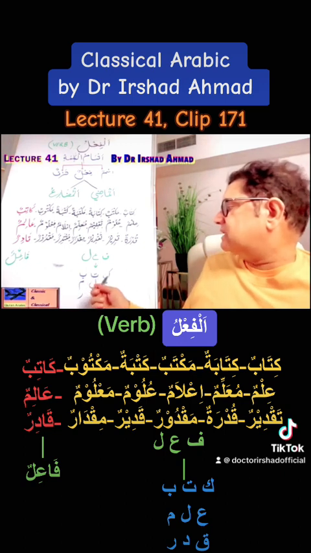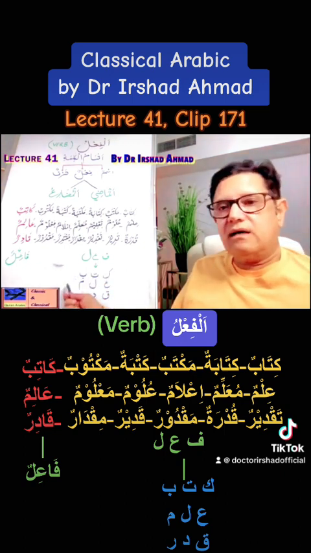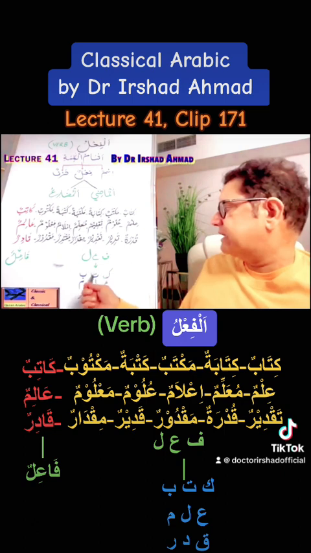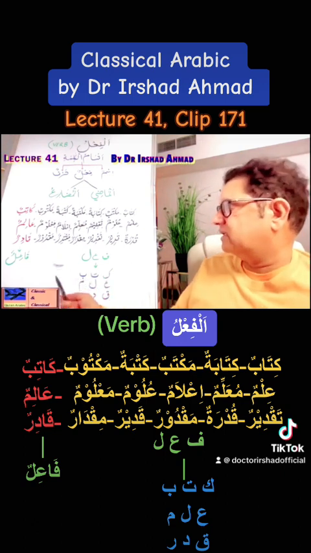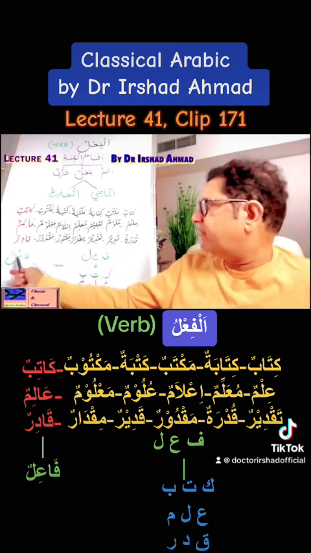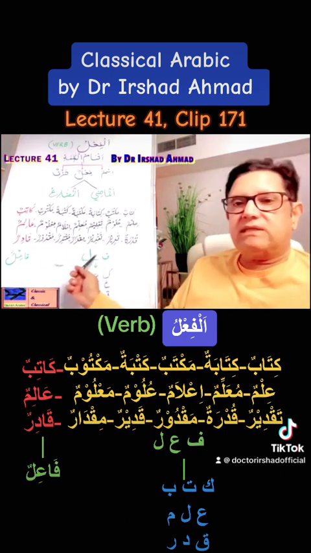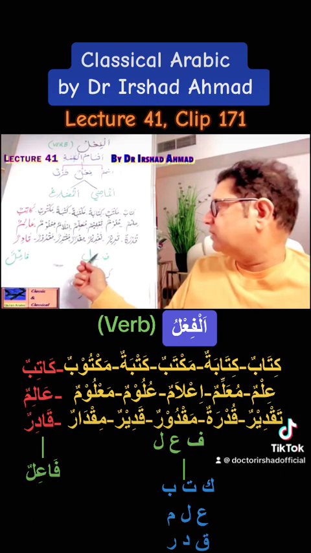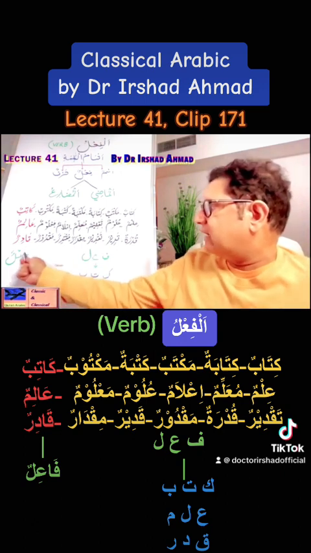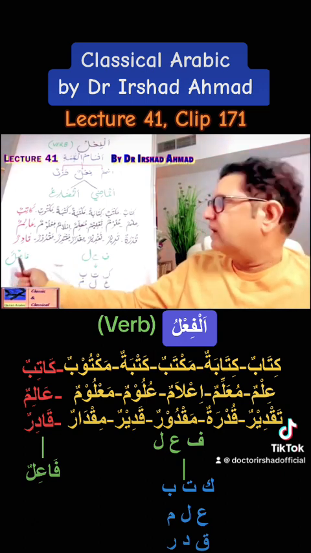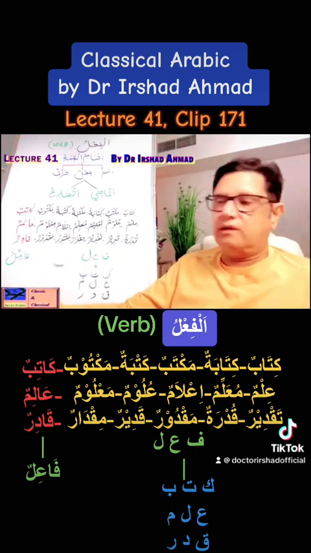Or we can say first radical, second radical, or third radical, or first root letter, second root letter, or third root letter. So in the pattern of fa'ilun, we have fa, ain, lam, which are the three root letters. And when we add alif after fa, that becomes fa'ilun.